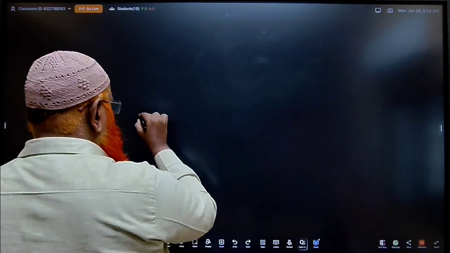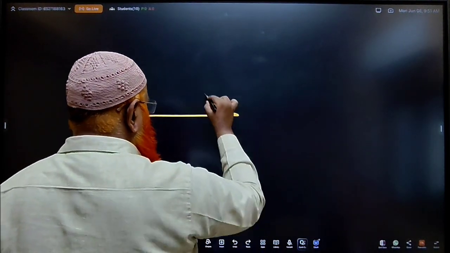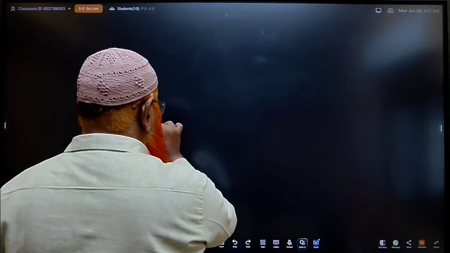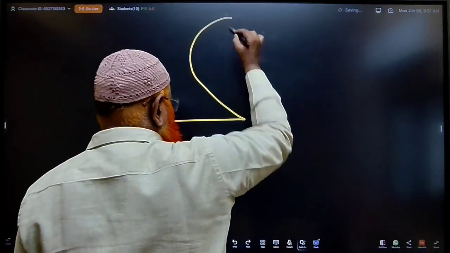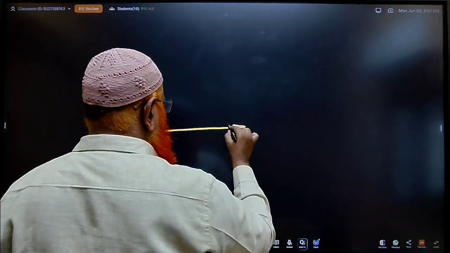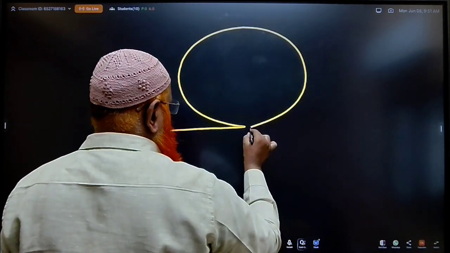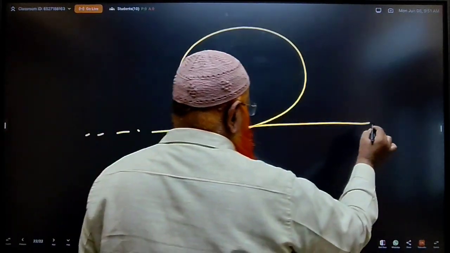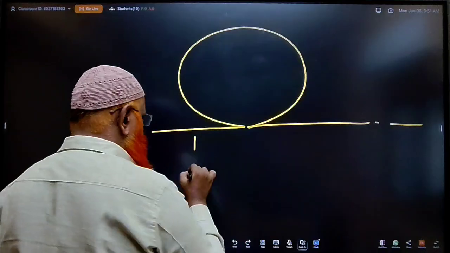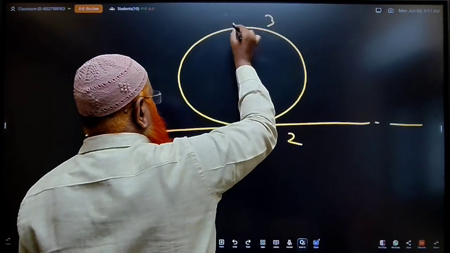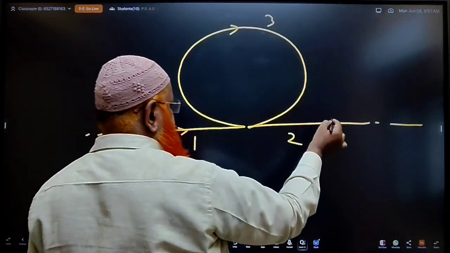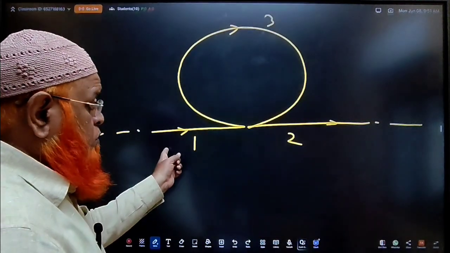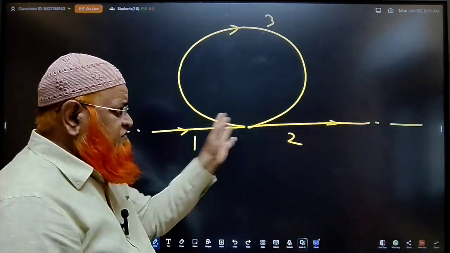Next. See, like this. Infinite and infinite. This is 1, 2 and this is 3. The current direction is like this and like this. Now just see. 1 plus 2 are the same; this is half, that is half.